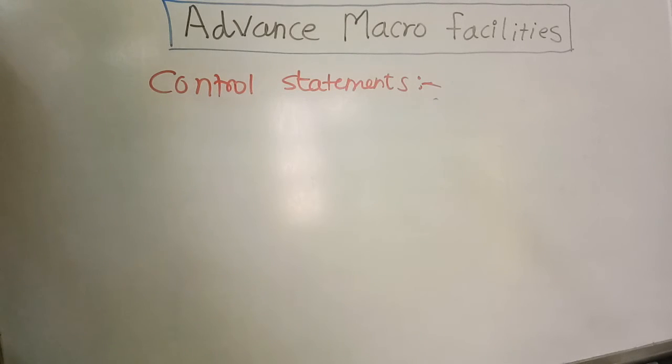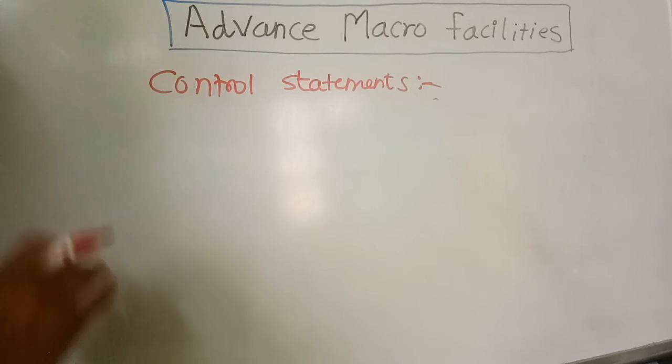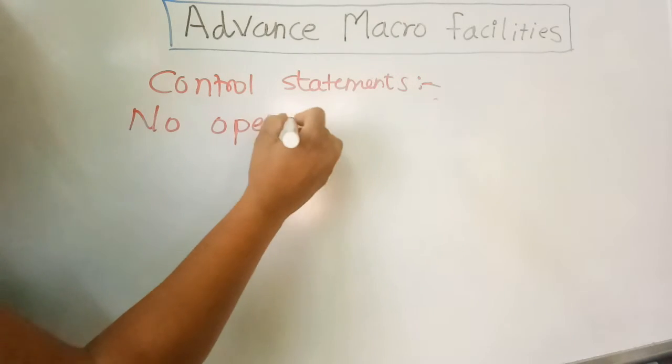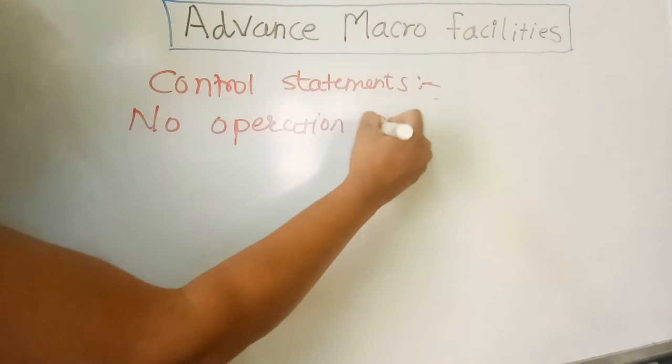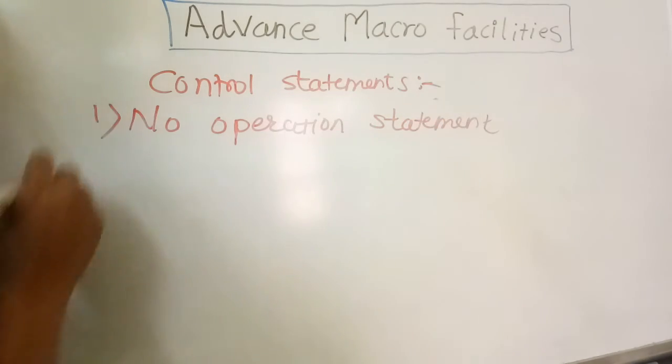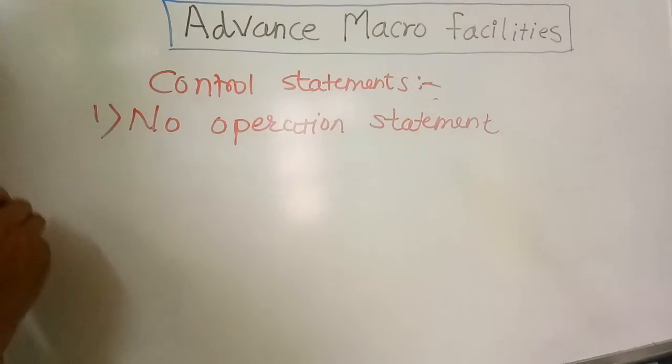First is the no operation statement, second is the unconditional, third is the conditional, and fourth is the loop statement. So we will see them one by one.